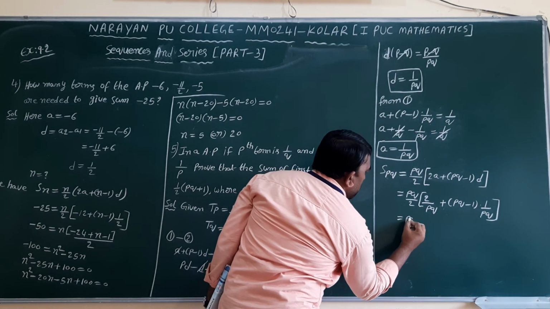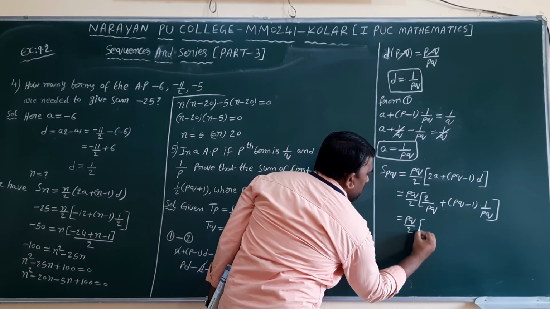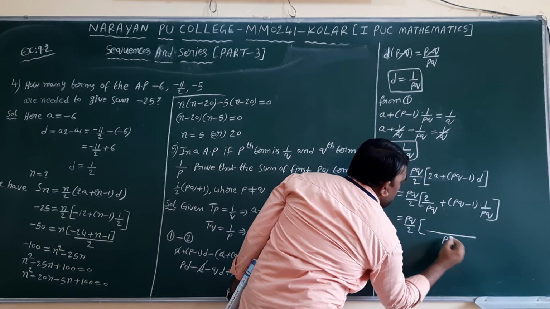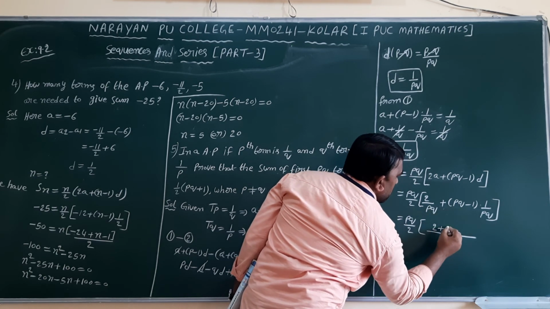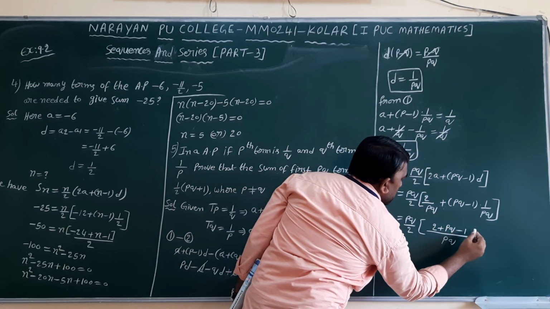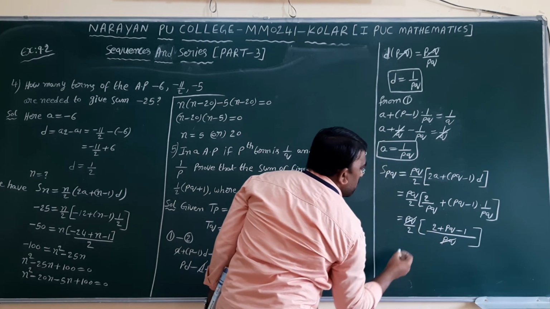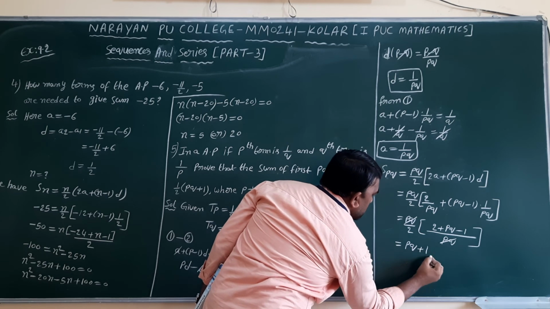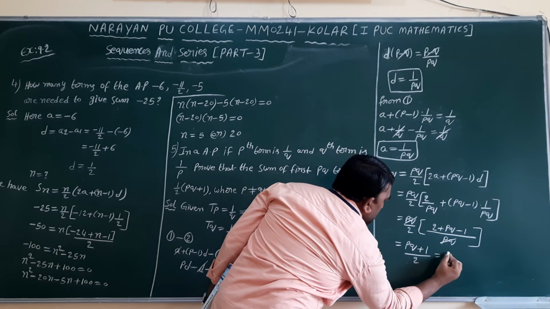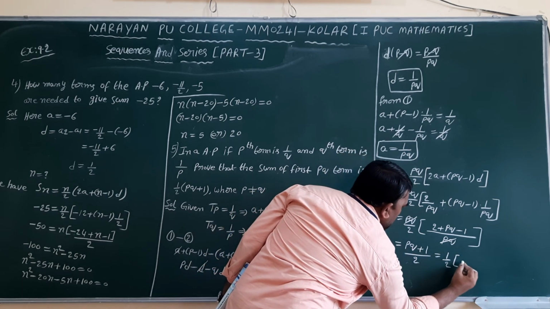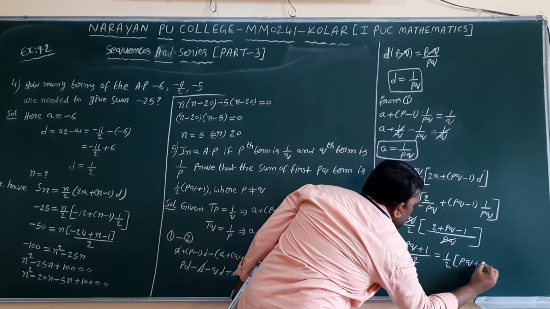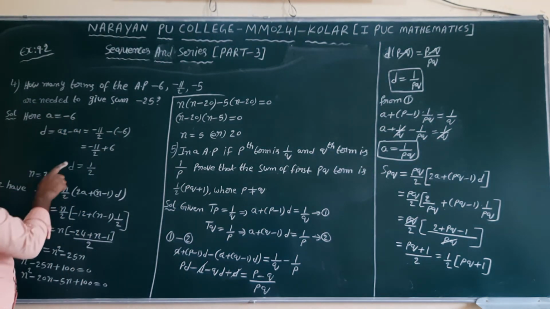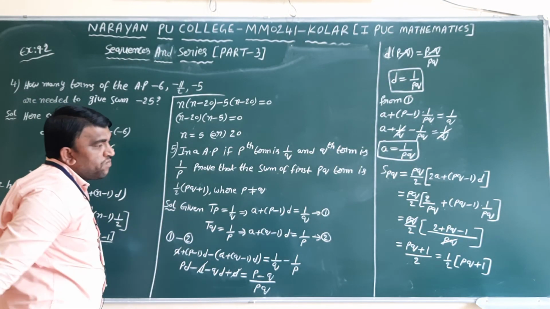So PQ divided by 2, take LCM for this: PQ is the LCM, 2 plus PQ minus 1. So PQ cancels, PQ plus 2 minus 1 is PQ plus 1, divided by 2. We can also write it as 1 by 2 into (PQ plus 1). It asks for the sum of PQ terms, which is 1 by 2 into (PQ plus 1).